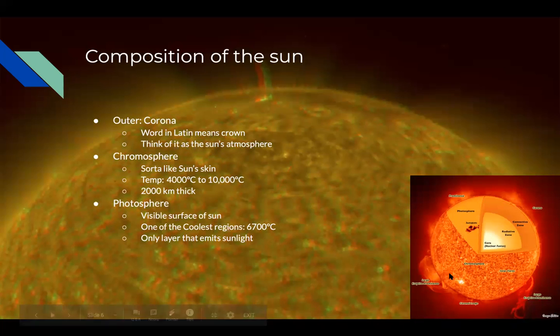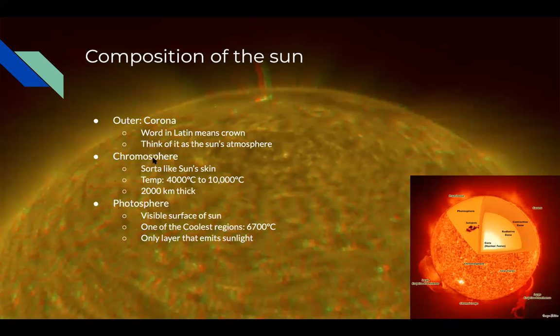The chromosphere is here, and it is basically the skin of the sun. And this has a temperature between 4,000 degrees Celsius to 10,000 degrees Celsius, and it is 2,000 kilometers thick. There is really no comprehension I can give you for this. It's a very big object.